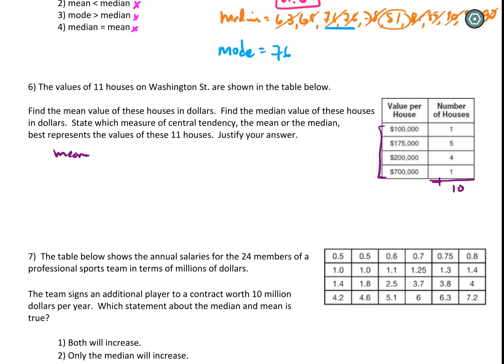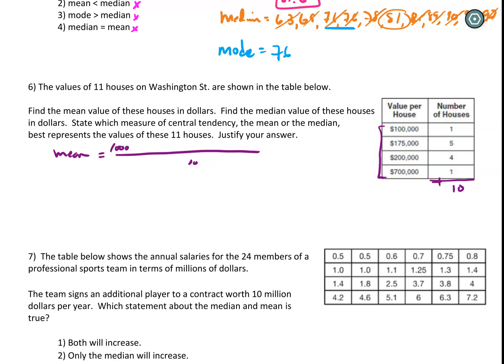So if I'm dividing by 10, that means I need 10 pieces of data on the top. So I got one house at 100,000, but I got 5 houses at 175,000. I could literally write out each one of these, but we can shortcut.